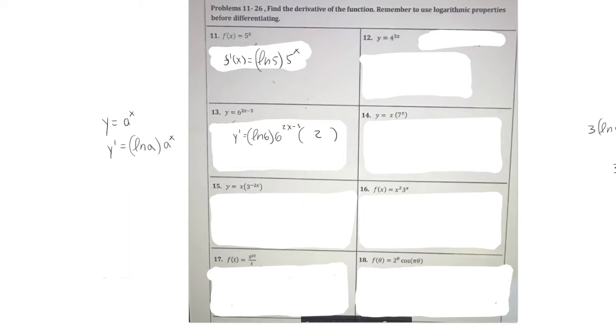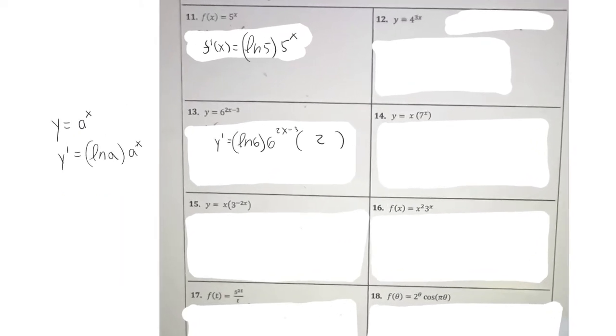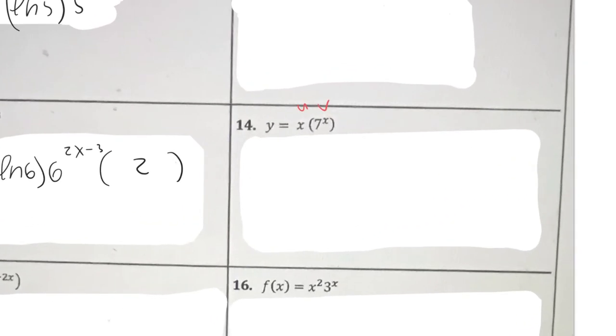So we have a function which we'll call u times another function which we'll call v. Now, hopefully my student remembers that the product rule says that if you have an original function called u times v, then the derivative of that would be u prime times v plus u times v prime.